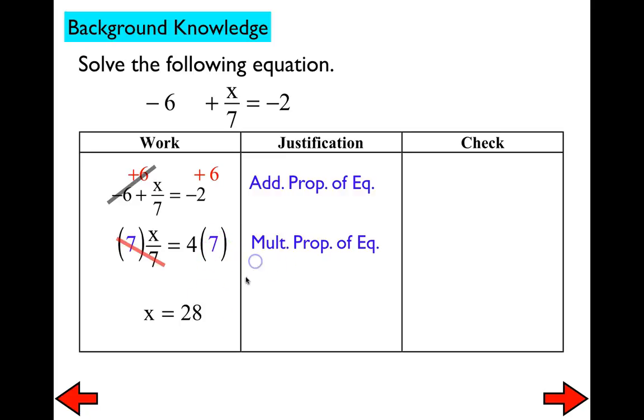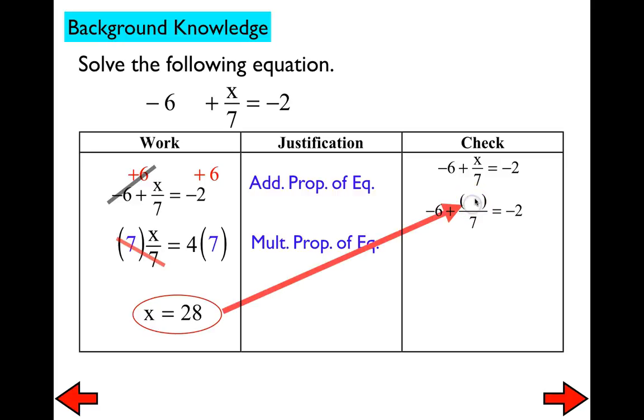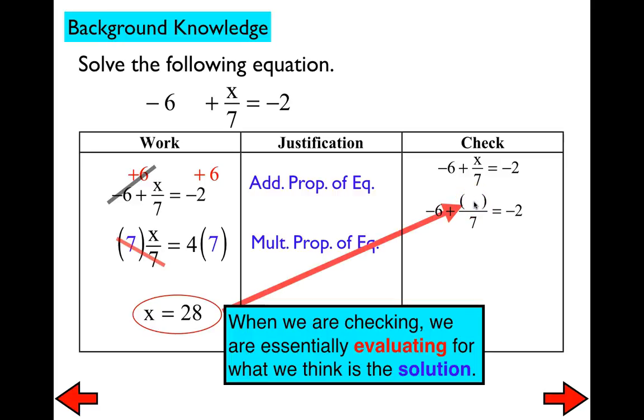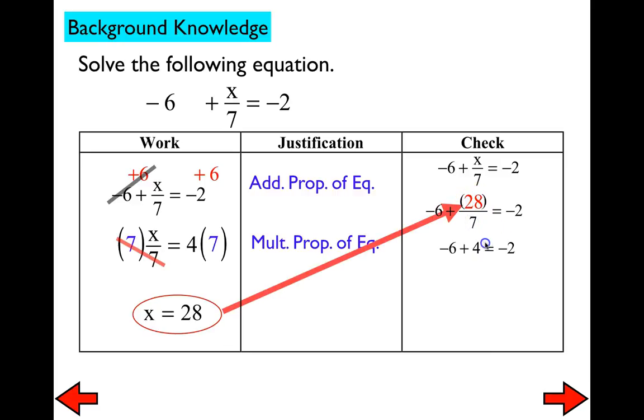Once I solve, I would make sure I check my answer by plugging in the value for x, making sure I include parentheses, and then evaluate, checking to see if I'm left with a true statement. I do, so that means my solution is correct. If you get a statement that is false, that means your solution is incorrect, and you may want to go back into your work to see where it went wrong.